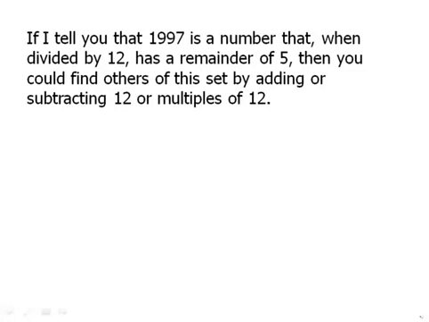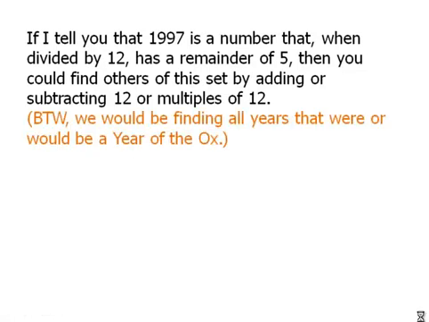We could subtract 12, that would be 1985. Incidentally, what we're doing here, we would be finding all the years that in the Chinese calendar were the year of the ox. So I'm mentioning this only because it's a really unexpected application of remainders and divisors. There's all kinds of subtle ways that remainder and divisor questions can show up on the test.